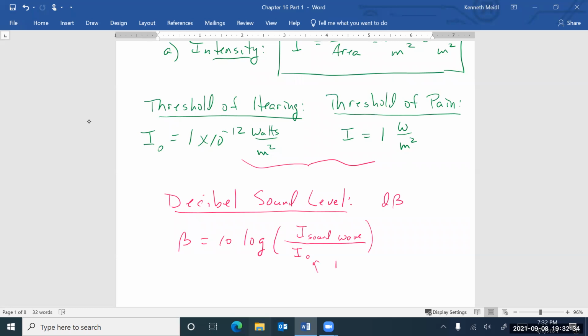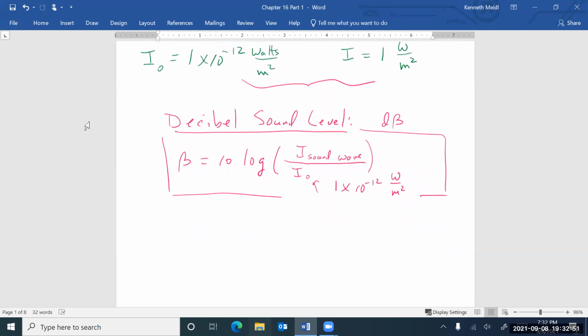So the number down here is always going to be 1 times 10 to the minus 12 watts per square meter. And what this does is take all of those intensities that are varied over 12 powers of 10, and it really will compact them.